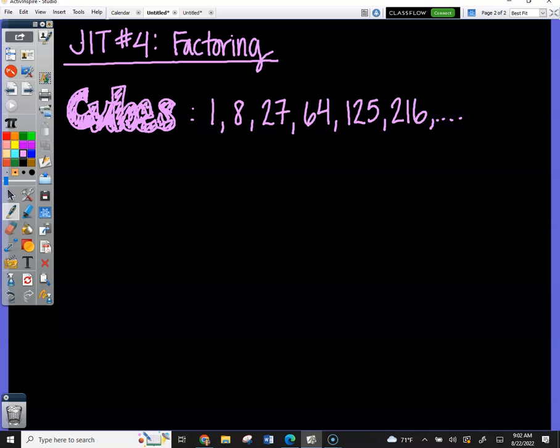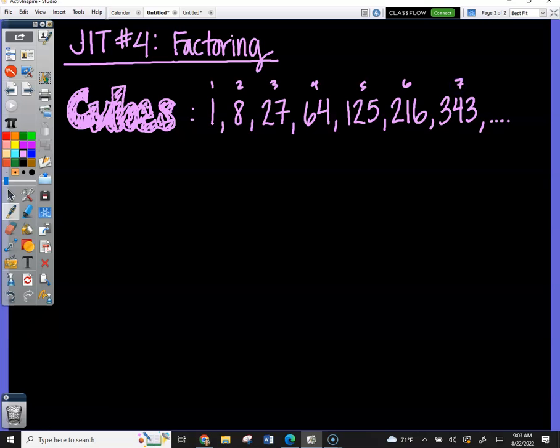But anyways, those are the first 6. I have 343 written. That would be 7 cubed. I guess maybe at some point I throw a 343 in there. Now above it you could write that that's 1, 2, 3, 4, 5, 6, 7. If you need to remember.